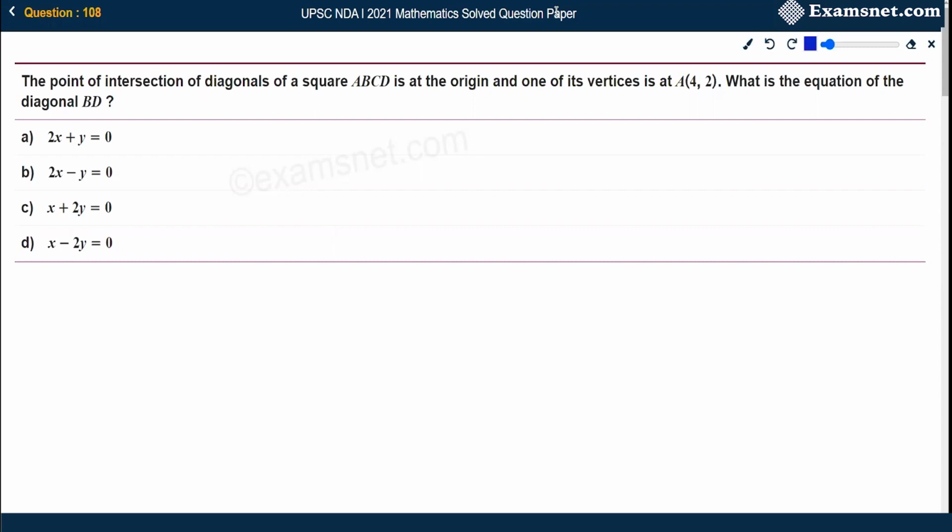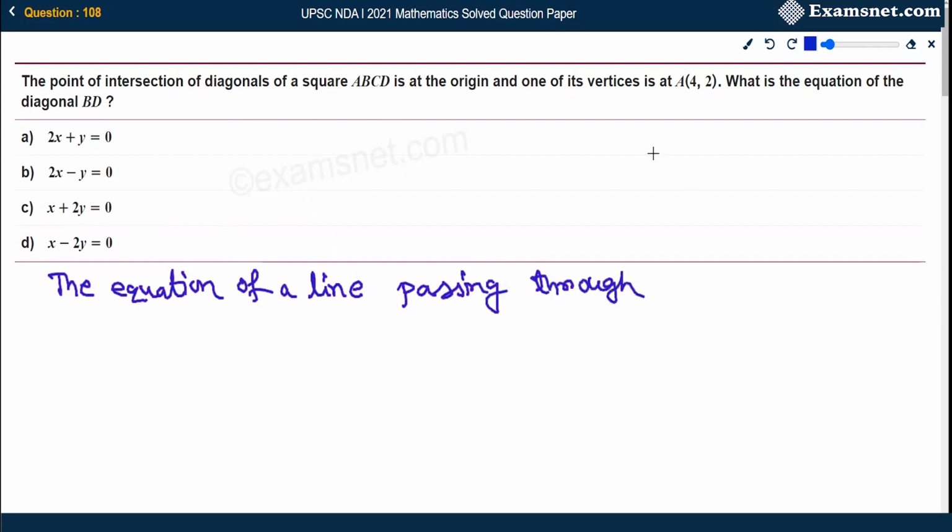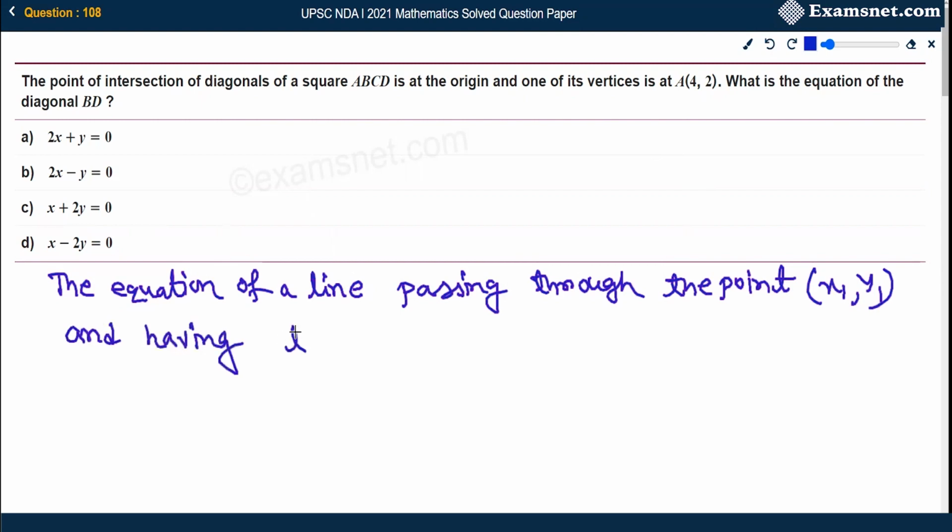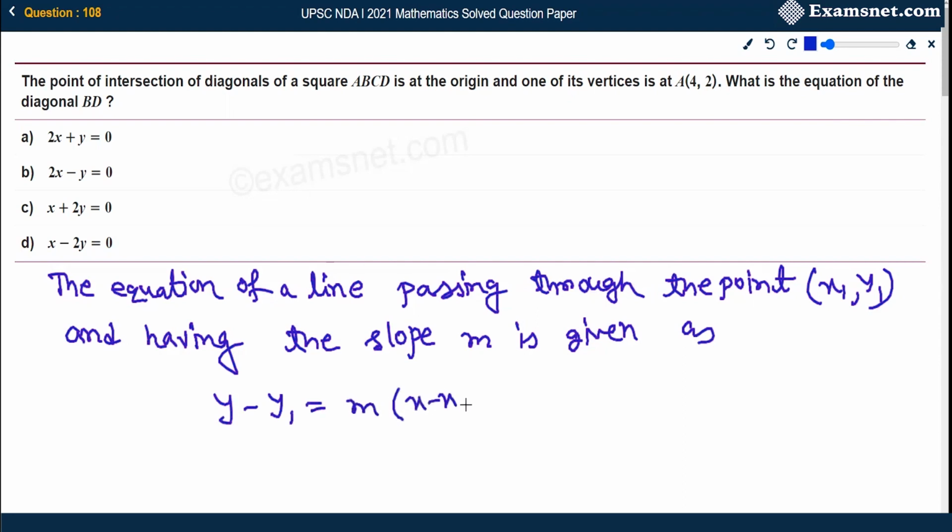First of all, we know there are various types of representation of the equation of a straight line, and one of them is the equation of a line passing through the point (x1, y1) and having the slope m, given as y minus y1 equals m multiplied by x minus x1.